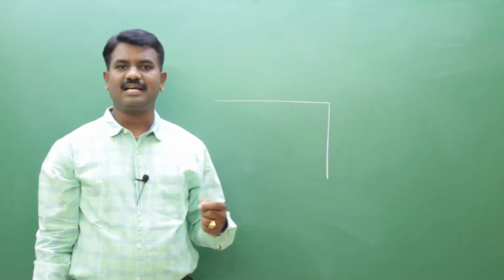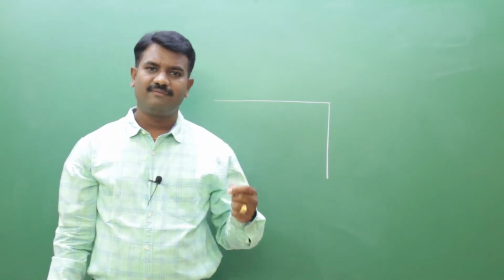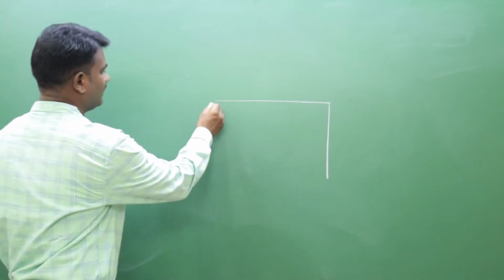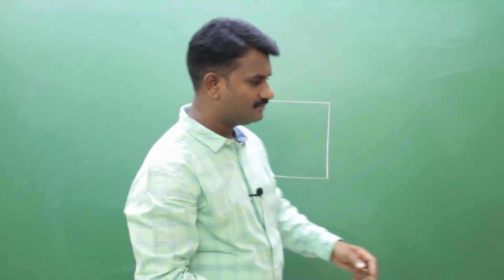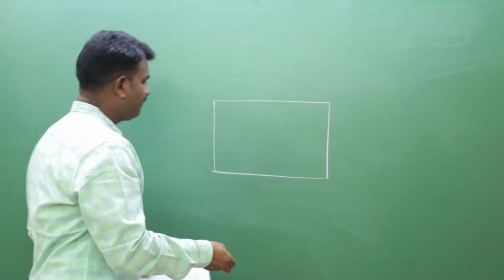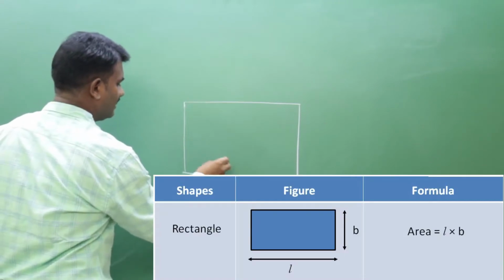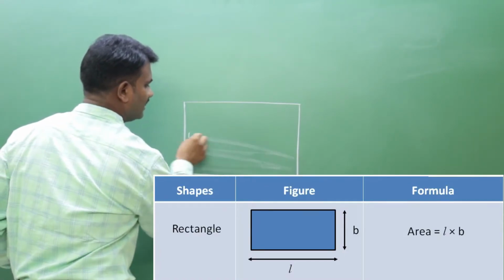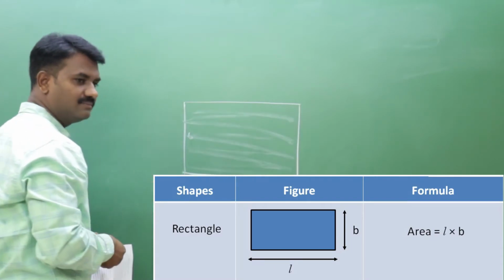For the time being, let me explain the formulae of a few regular shaped objects. If we take a rectangle like this, it has a length and breadth. The product of length and breadth gives us the area of this rectangle.